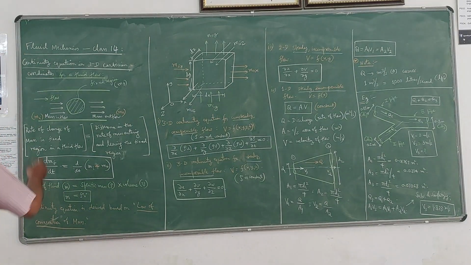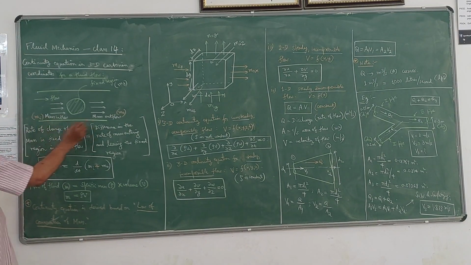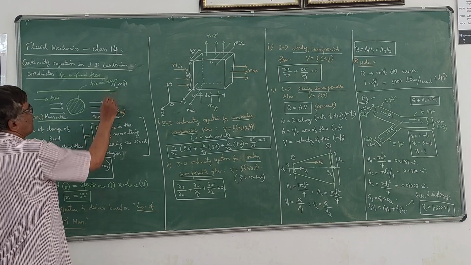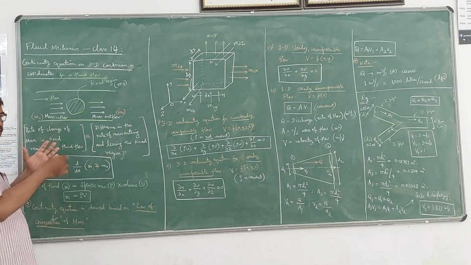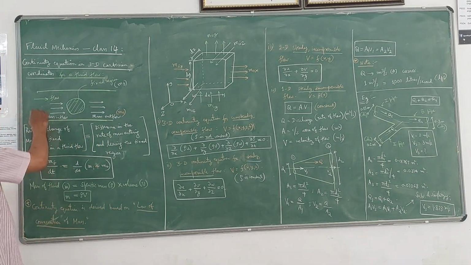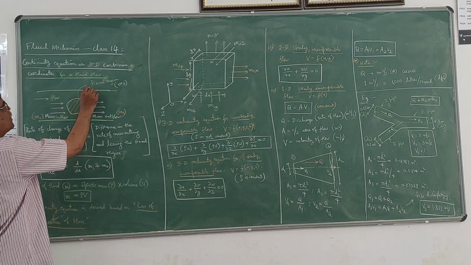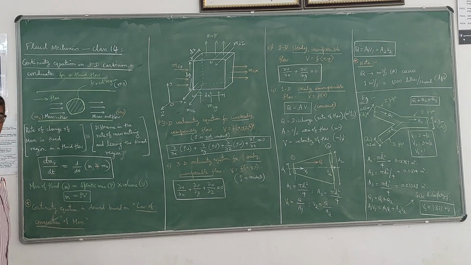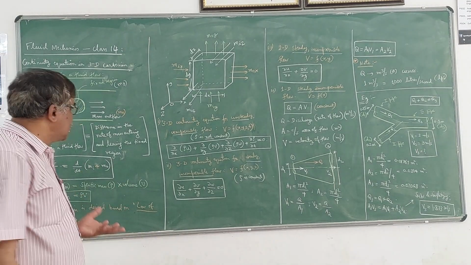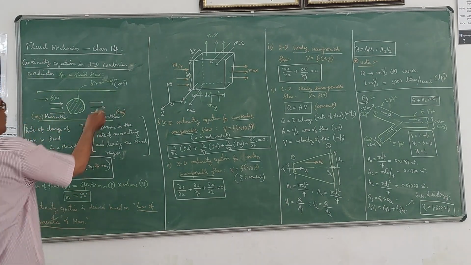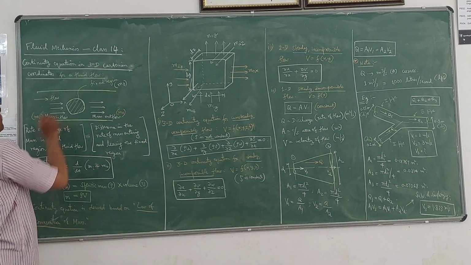Now, to understand this wording, we will consider a fluid flow, maybe a pipe flow or a channel flow. In that flow, I will take a fixed mass like this. This fixed mass is mf. M stands for mass, F stands for fixed region, which has a fixed mass mf.